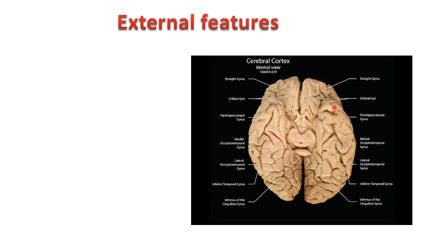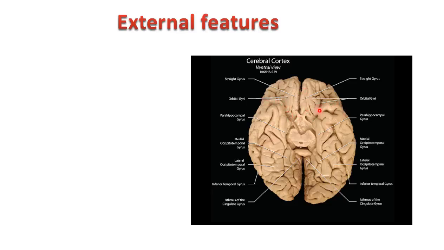Now if you look at the inferior surface, it has an anterior part and a posterior part. What divides the inferior surface into anterior and posterior parts is a sulcus, which is called the lateral sulcus.